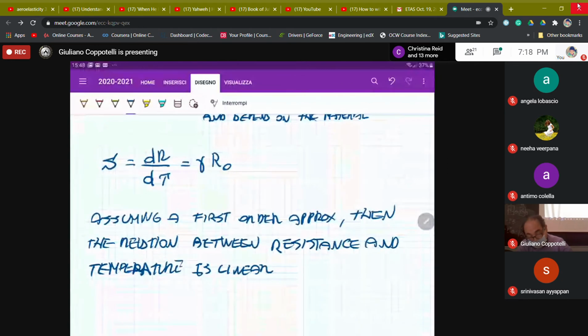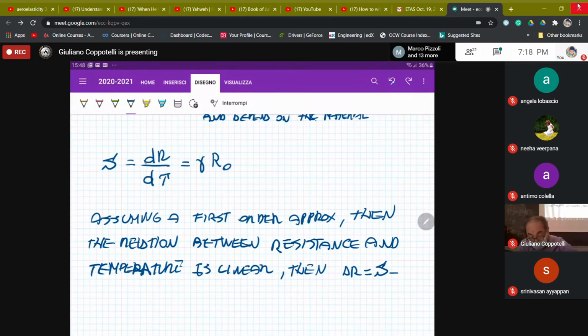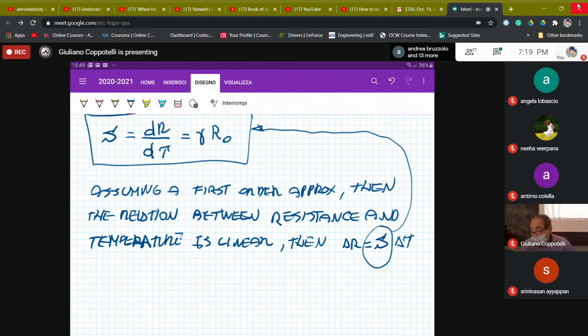Then the change of resistance is equal to the sensitivity times the change of temperature. Okay, and the sensitivity is just the one that I wrote there.